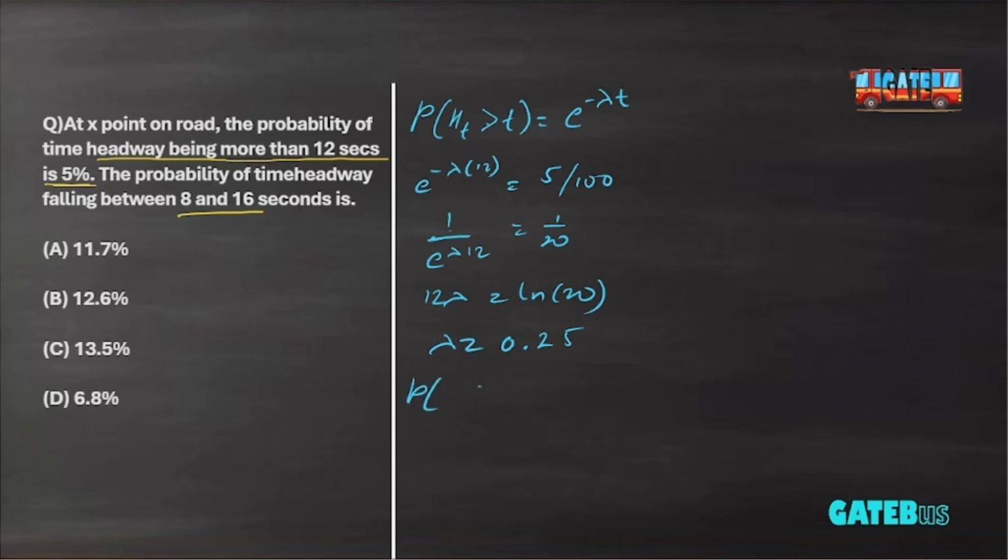So now to find this probability of time headway between 8 and 16, the headway will lie between 8 to 16.